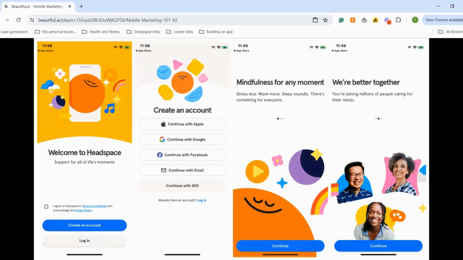After they walk you through that exercise, they then get you to create the account. And something key that they do here is they have social sign-in. They have a lot of different options to sign into the app. So you can sign in with Apple, Google, Facebook, email. They make it very, very easy and frictionless to create an account.